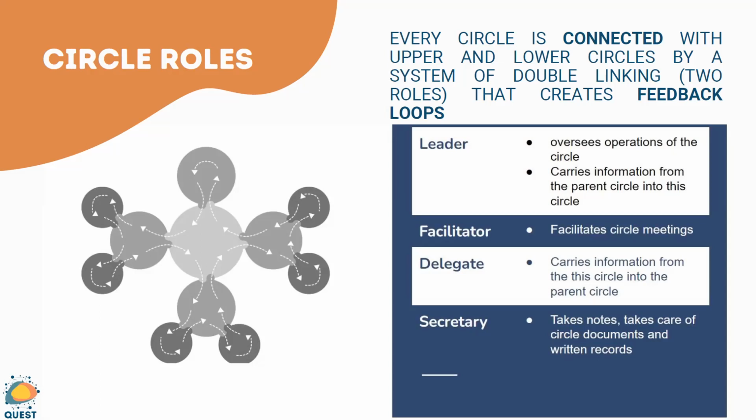The leader oversees the operation of the circle, carries the aim of the circle, knows where the circle is going, and makes sure everything is in line with the aim. The delegate represents the circle in the parent circle, so in the general circle. Having these two persons is really important so that there is not just one person who has all the burden. It also allows check and balance.